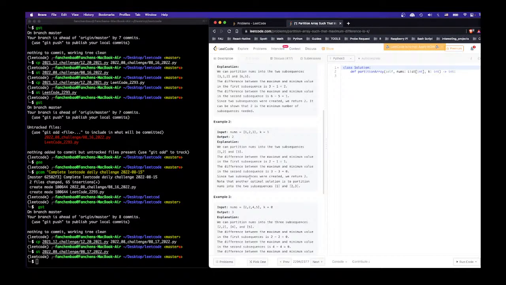So the maximum cannot be bigger than that, right? Once we go through this, if we find any adjacent that is larger than my target, then they will never be together. So we'll definitely put a separation in between them, right? Yeah, we can do that. And after we do that, then we recheck. And right now, we look at this and we say, okay, everyone is smaller or equal to the value we want.